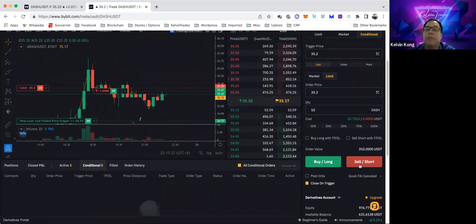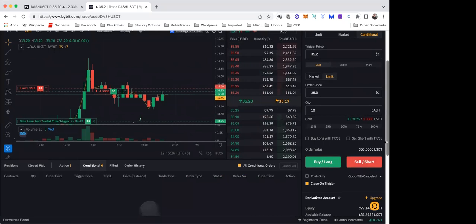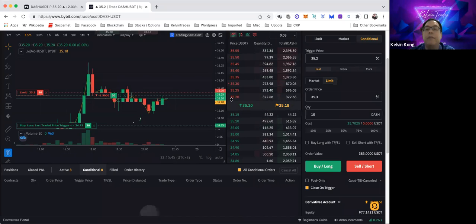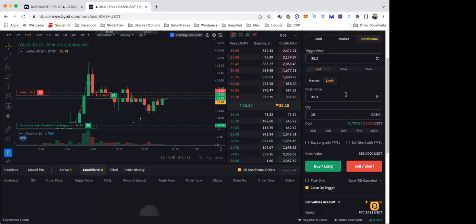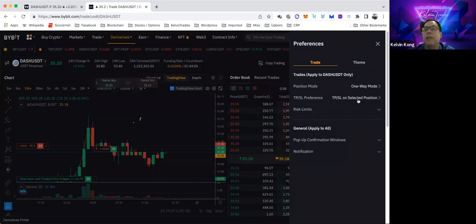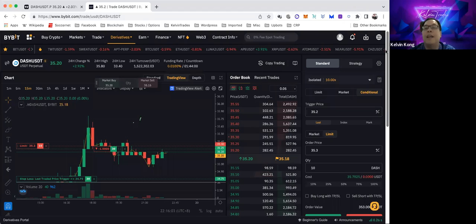This is a long, so it should be a sell. Can I see your stop loss for the Dash USDT again for positions, not conditionals, the normal one? 34.75. And quantity, what should I put? Put all, is it? Your quantity is all because you're setting the entire position.